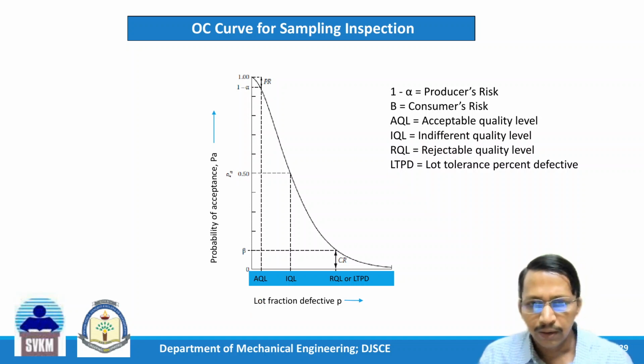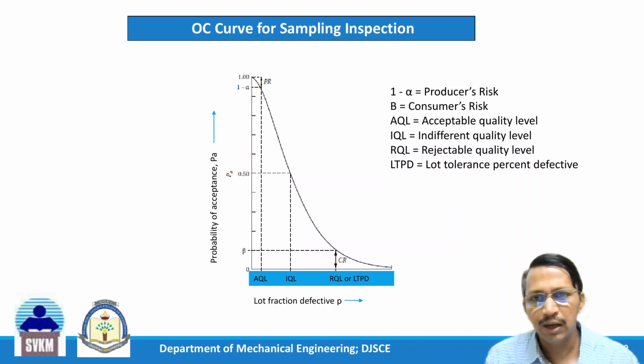Now AQL is acceptable quality level. This is what the consumer or the purchaser definitely thinks acceptable. So anything up to this, including this, is acceptable to the consumer. You can see the probability of acceptance of this AQL. It is this one, 1 minus alpha.